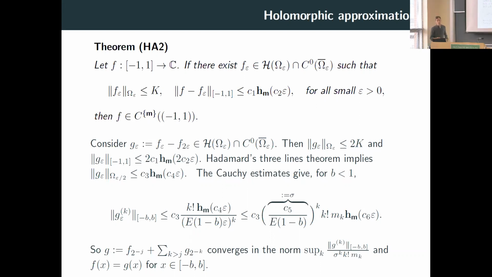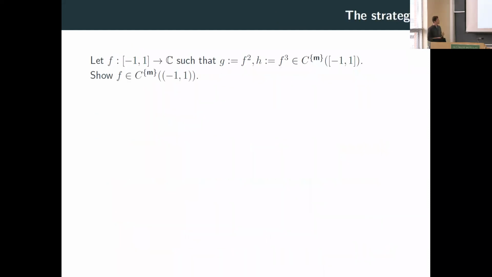Okay, so now we have these two theorems. We have, in a sense, a description of Denjoy-Carleman classes on the real line by holomorphic approximations, and we are going to use that. So let me briefly describe the strategy of the proof of Joris' theorem for Denjoy-Carleman classes, using all the ingredients I've been talking about.